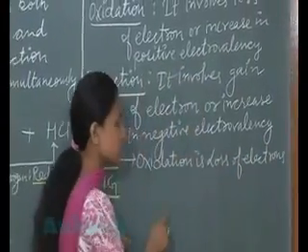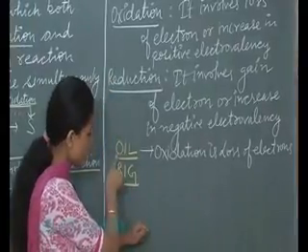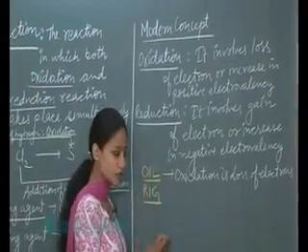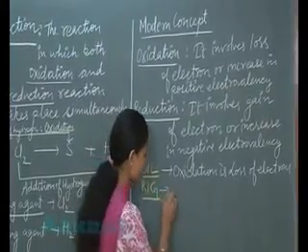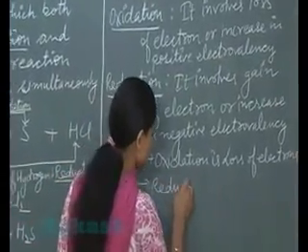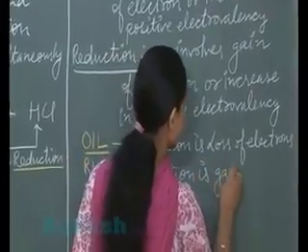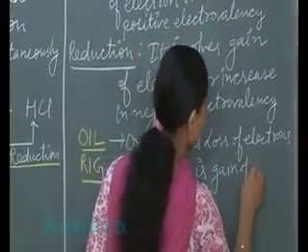So students, it will be easier to learn this way. OIL represents oxidation is loss of electrons. So what does RIG stand for? Reduction is gain of electrons.